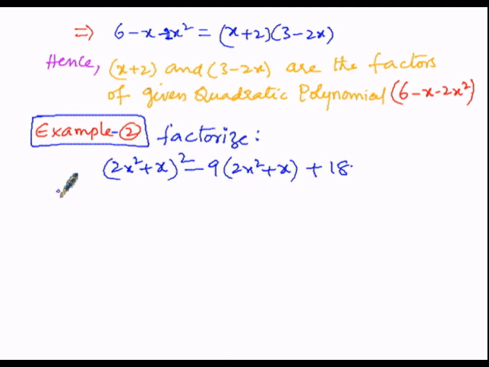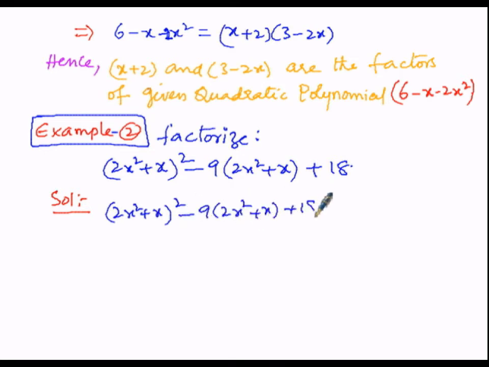Then now the solution starts. Here the given polynomial is 2x square plus x whole square minus 9 into 2x square plus x plus 18. So we have to factorize it.